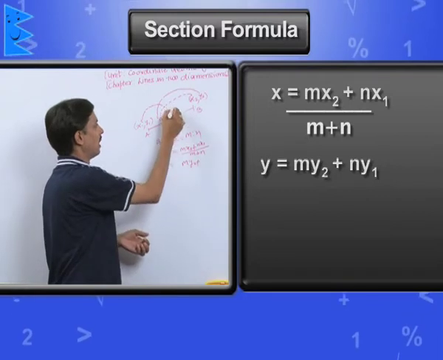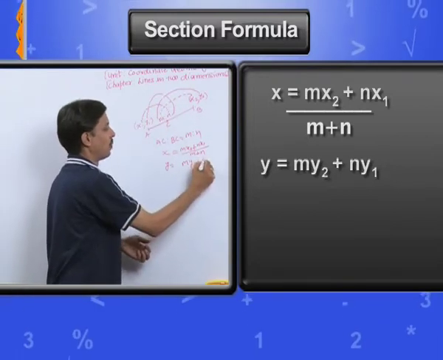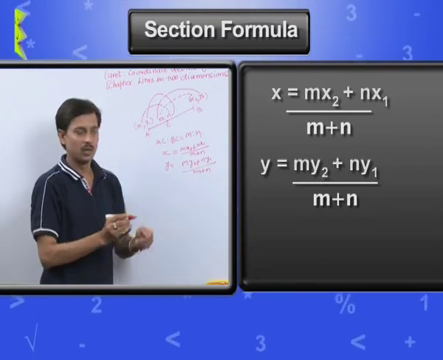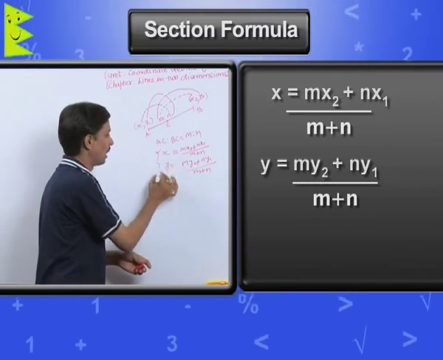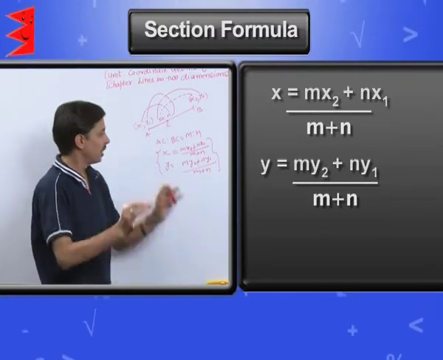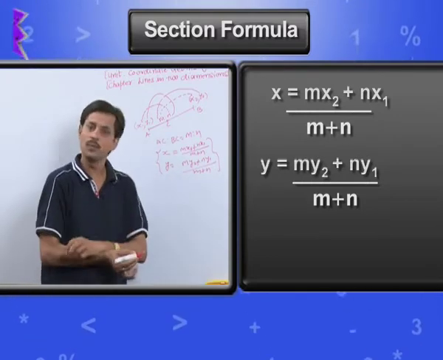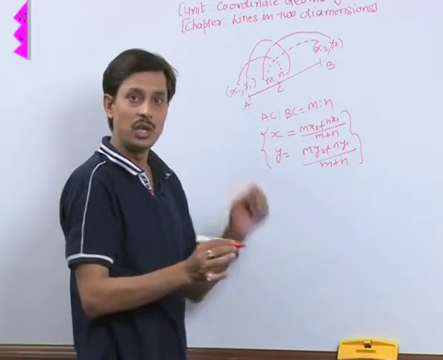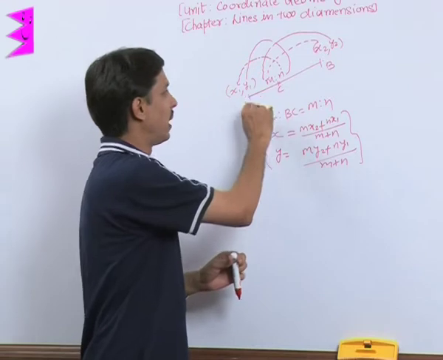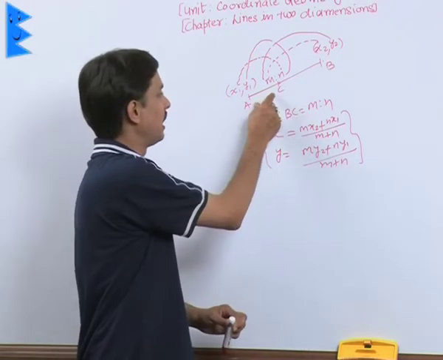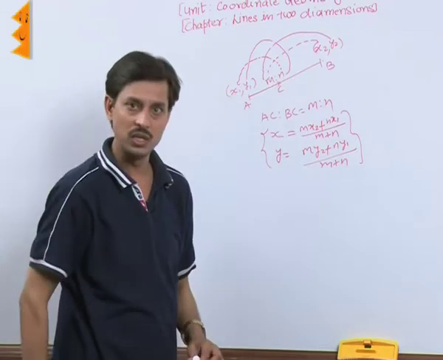my2 plus ny1 upon m plus n. This formula of calculating the values of x and y is known as the section formula. Why is it section? Because C is the point dividing AB in 2 sections, one section AC, another section BC.